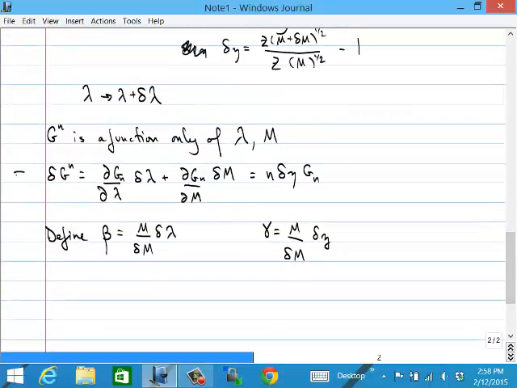And this condition right here then becomes a differential equation that's obeyed by the endpoint function. It says that m times d by dm plus beta times d by d lambda plus n times gamma, acting on the endpoint function, is equal to 0.